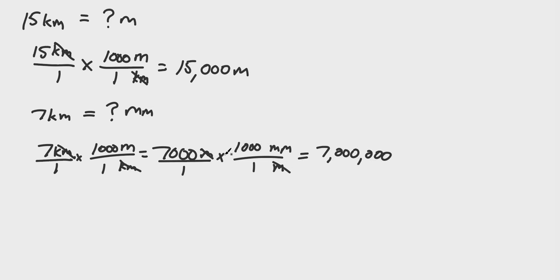Meters cancel out, and we get millimeters. Now this may seem kind of simple here, but when you do the study guides in your book, you'll find more difficult ones as well. So let's move on and try a more difficult one.